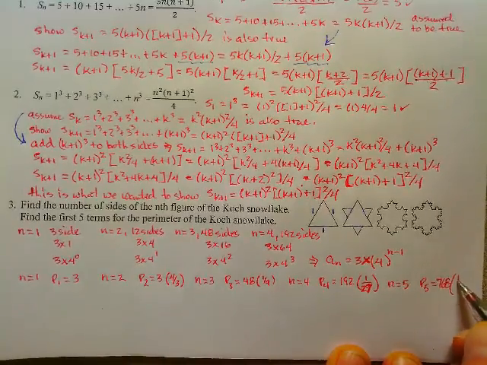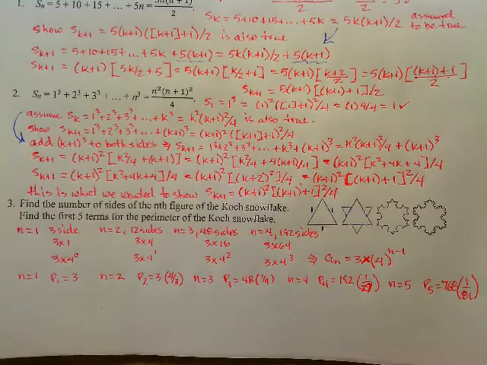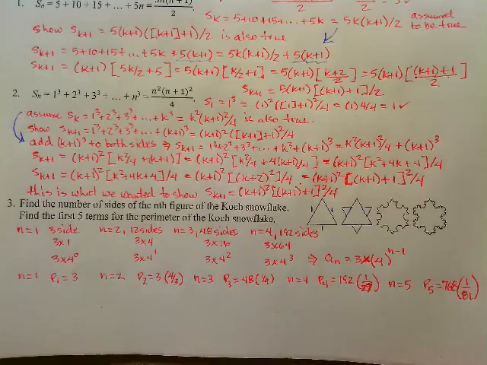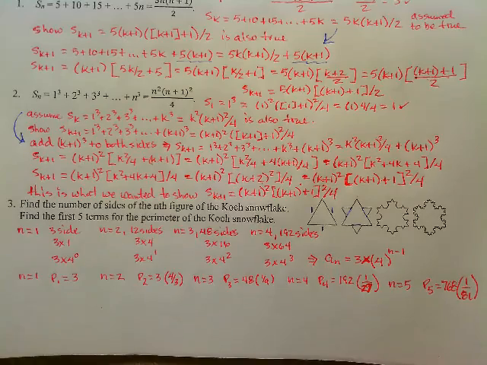But this would be 1 over 81 in that case. So there are the perimeters. Now, we again want to maybe simplify this just a little bit.